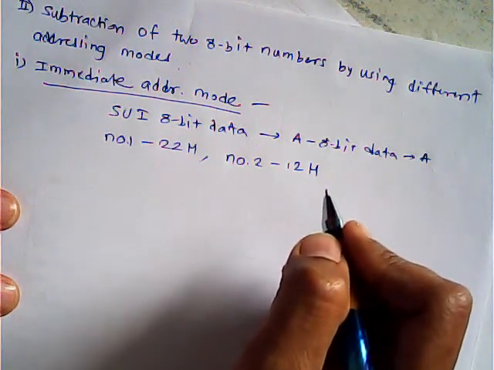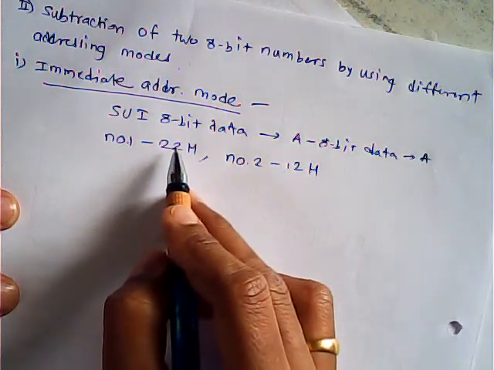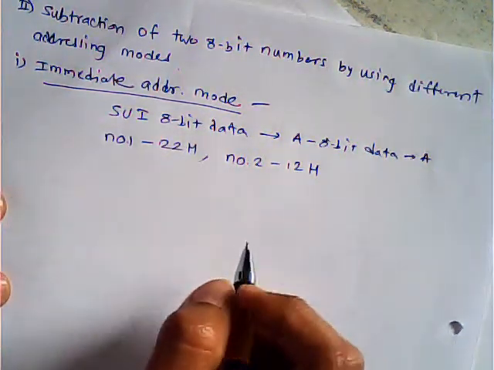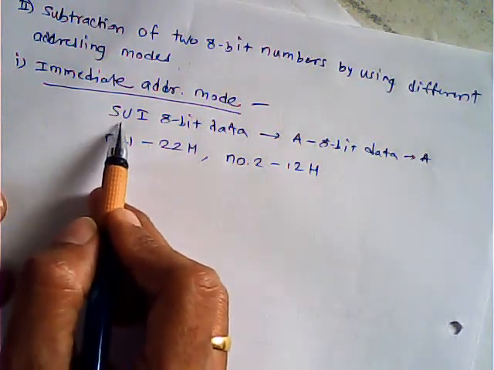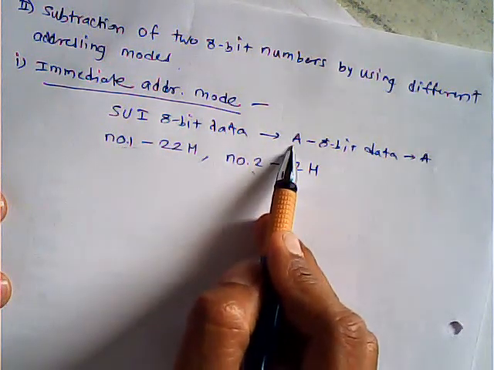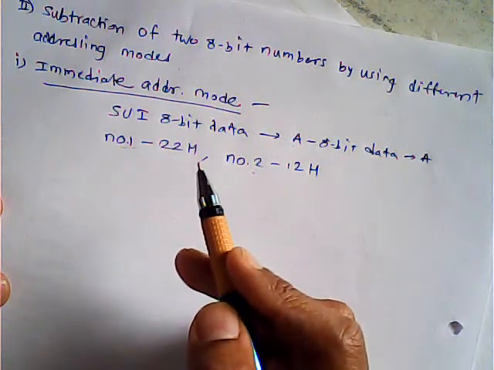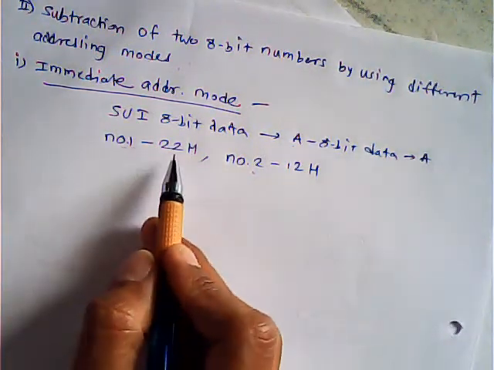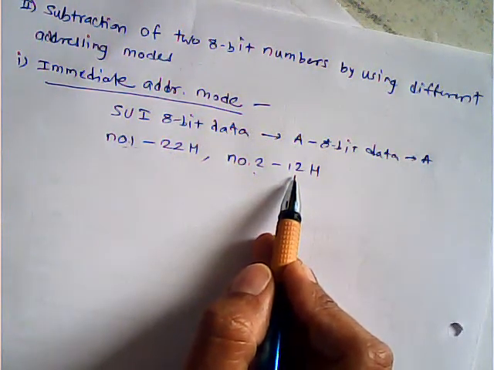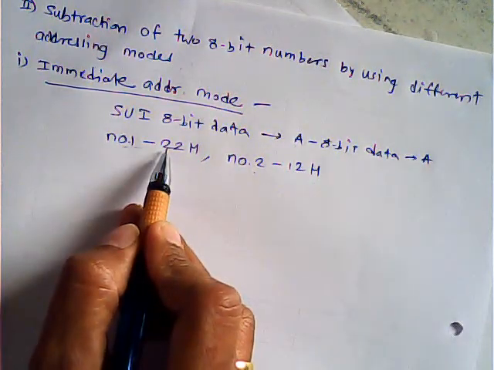Then to subtract 12x from 22x, we are going to write the program. According to this SUI instruction, one of the numbers, either number 1 or number 2, must be available in the accumulator. Only then can we use this SUI instruction. So our first task is to take 22x in the accumulator.